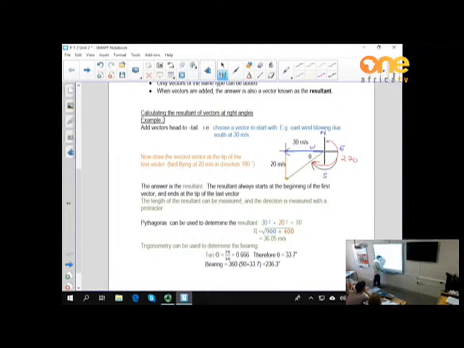Then we have another velocity, 20 meters per second directly south. Mathematically, this one is very easy because we have a 90-degree angle. How would I solve it using math? We want to find the resulting velocity if I add 30 meters per second and 20 meters per second in the directions given.